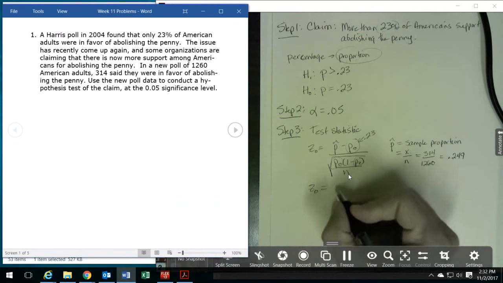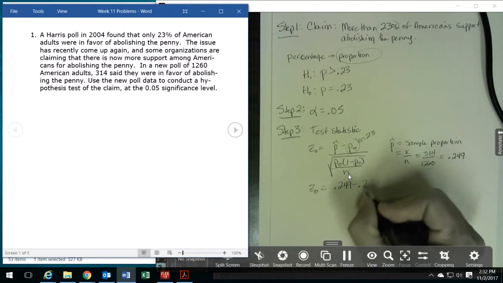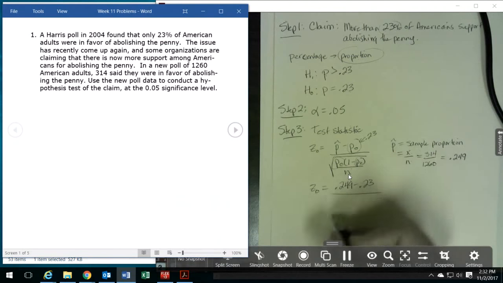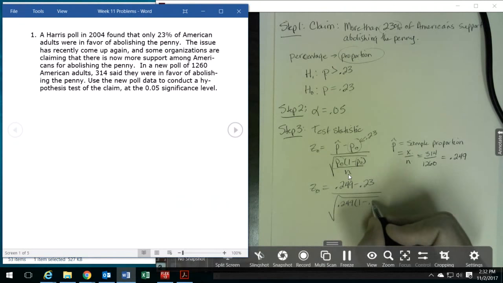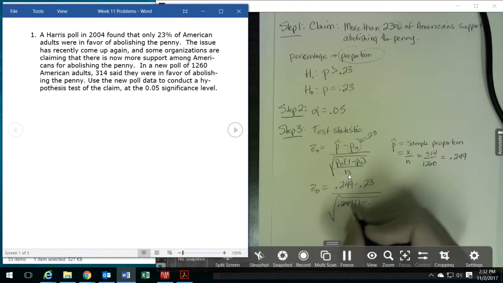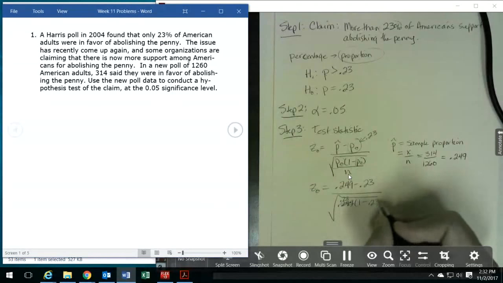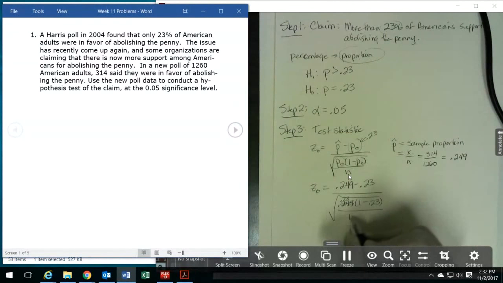So this P hat is the 0.249. The P0 is the 0.23. And then down here we have the 0.249 and the 1 minus, that is the 0.23. And this is 1 minus 0.23. And that's the 1260.